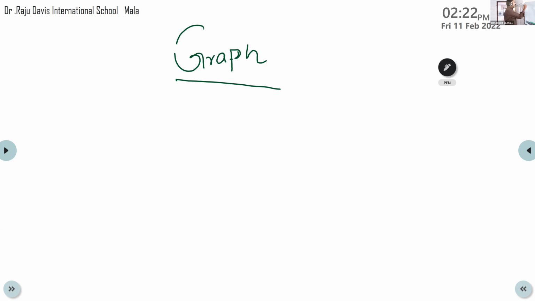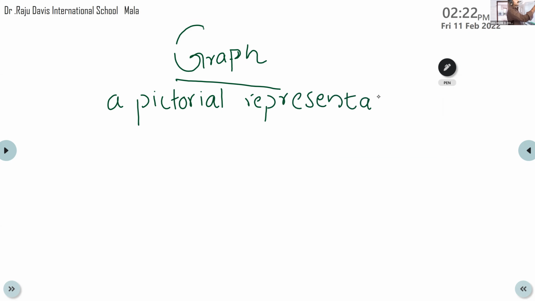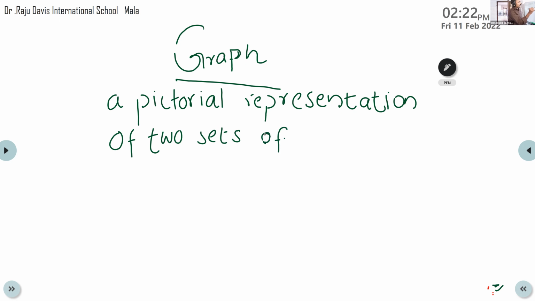It is a pictorial representation of two sets of numerical data.